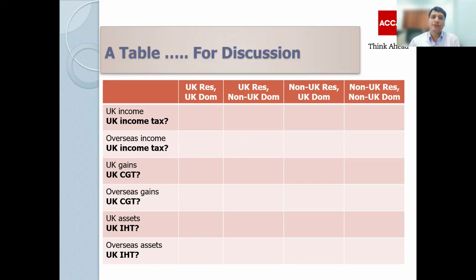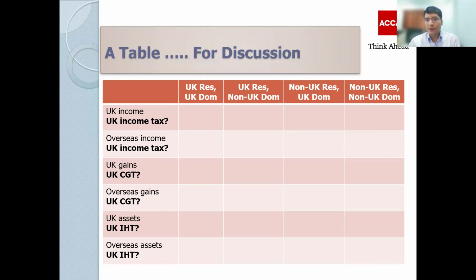When I say remittance basis, it means those incomes may be liable to UK tax only if remitted to the UK. That means you can choose to claim the remittance basis and only report the overseas income that has been remitted to the UK.